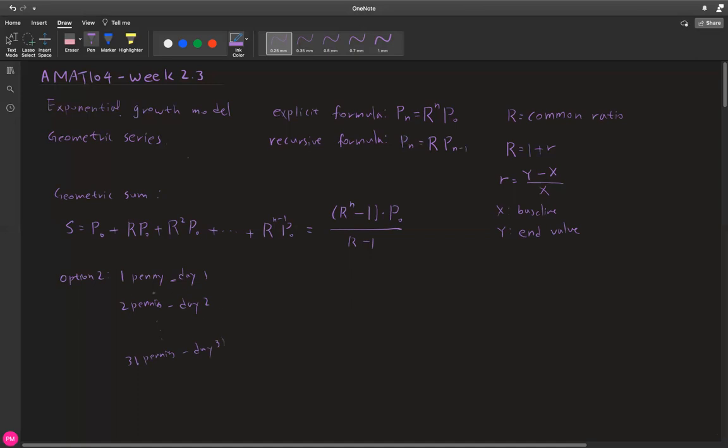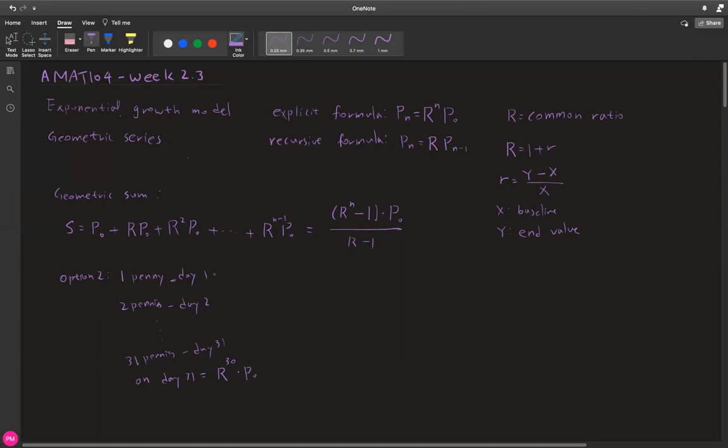So here we found that on the 31st day, you receive r to the power of 30 multiplied by the initial population, which in this case is 1. So let me just write that.